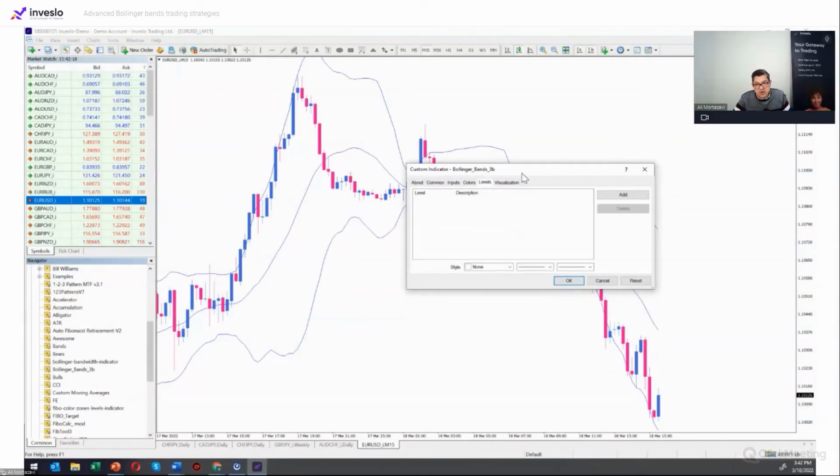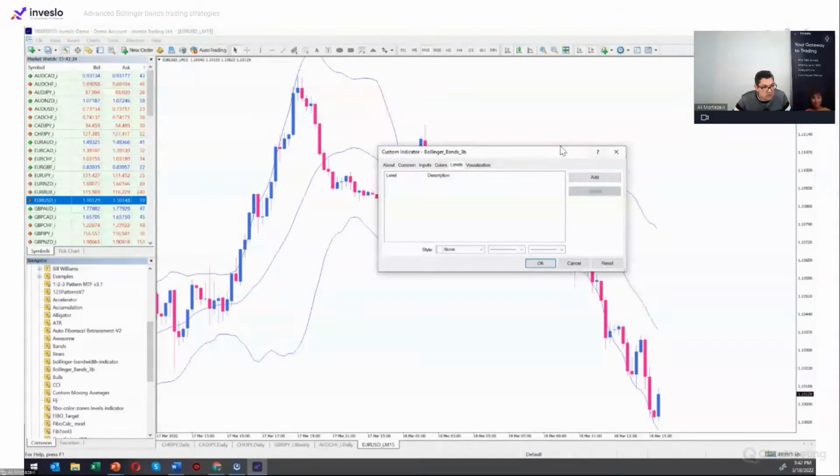When you are going to use this oscillator, you see this window pop up. First of all, we need to determine our levels. The levels are 0, as the lower band, and also we put 0.5 and 1.0. So 1, 0.5 and 0 are the levels that we are going to use.